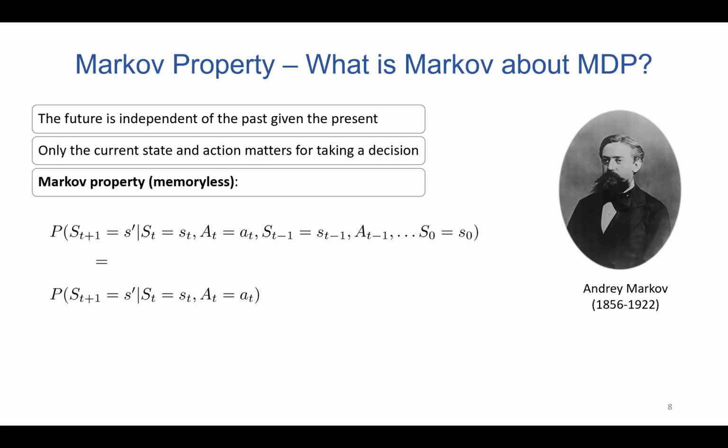So it's actually pretty simple. All that the Markov property says is that your future is independent of the past given the present. So only the current state and action matters for taking a decision.